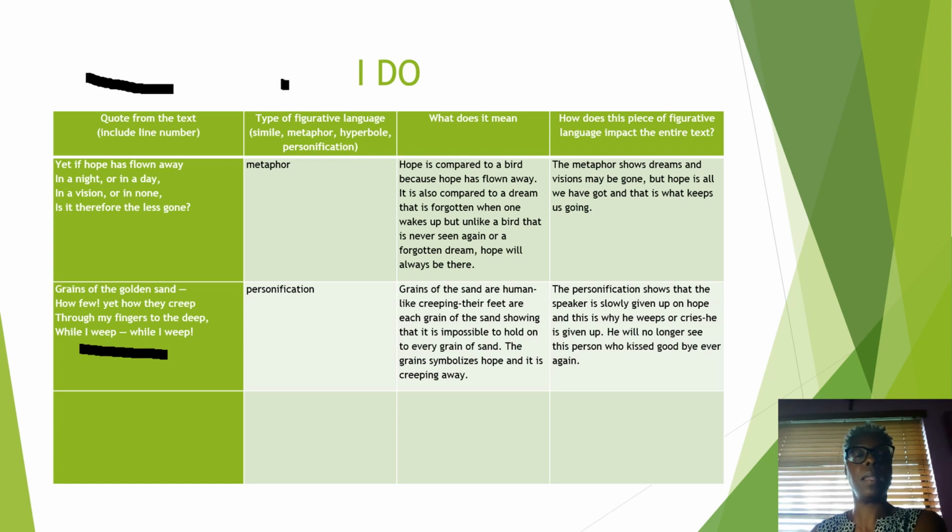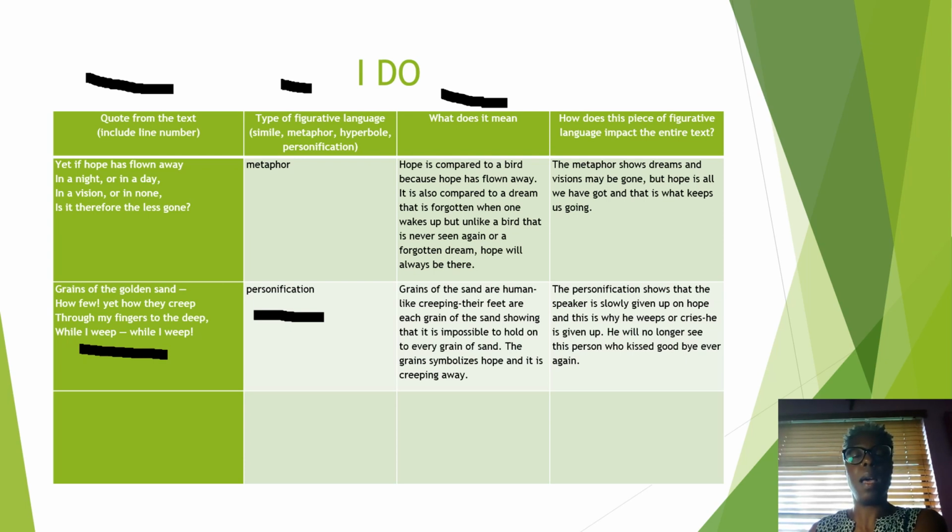And then in the second column, as I said earlier, we know that by the speaker using the word creep to describe how the grains of sand are falling between his fingers, that is a human life form. And then in the third column, what this figurative language means.